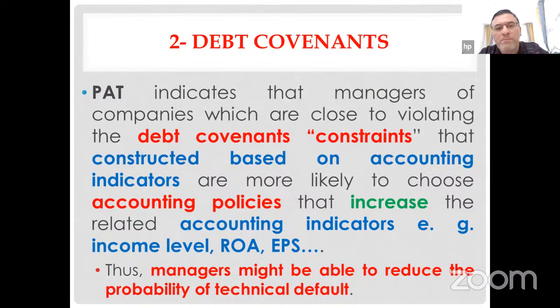Positive accounting theory indicates that managers of companies which are close to violating the debt covenants, I mean the debt constraints constructed based on accounting numbers or accounting indicators, are more likely to choose accounting policies that increase the related accounting indicators, like income level, return on assets, earnings per share.